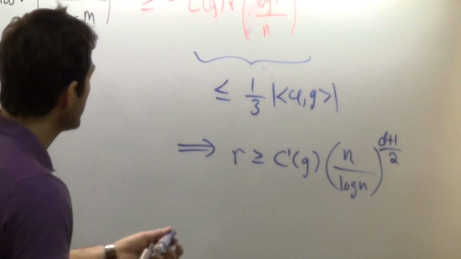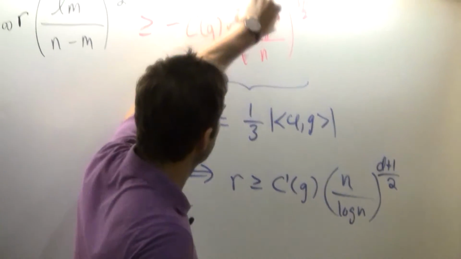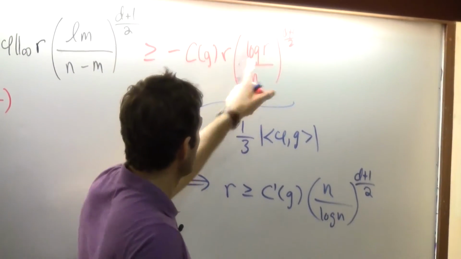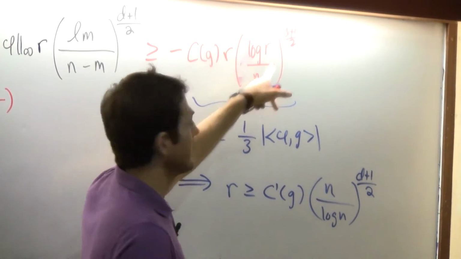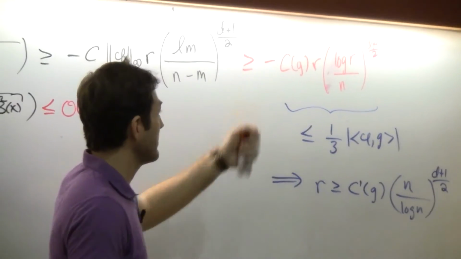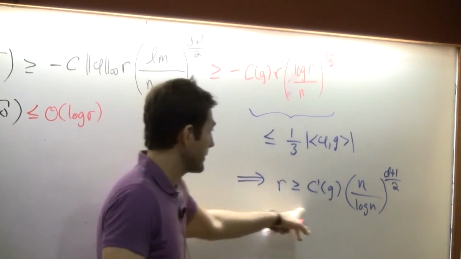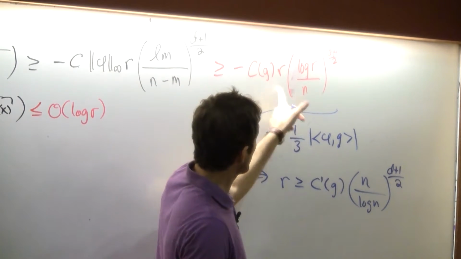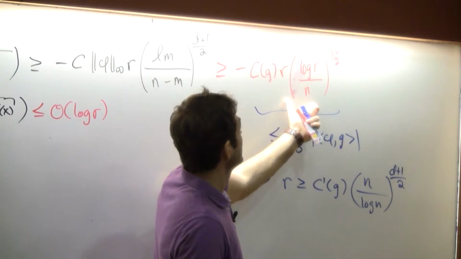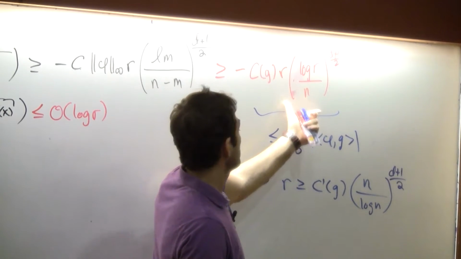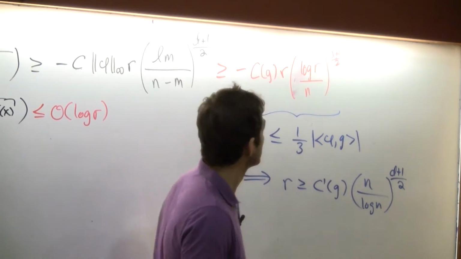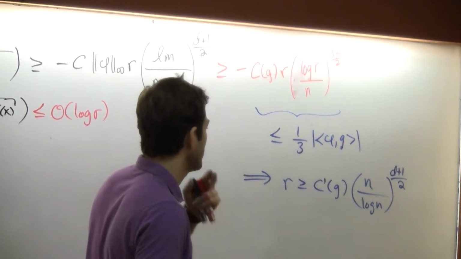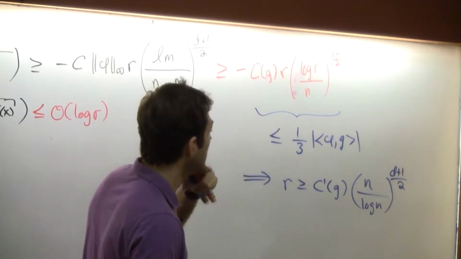And by the way, if the log r wasn't there, you'd see it immediately, because if you ignore the log r, then it's just r times n to the minus this. So to avoid that going to 0, it must be that r grows fast enough. To avoid that this product is not epsilon over 3, it must be that r is at least this thing times epsilon times a constant.